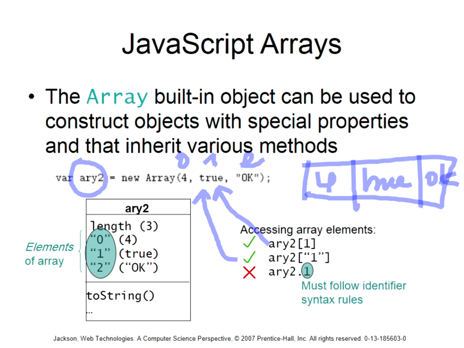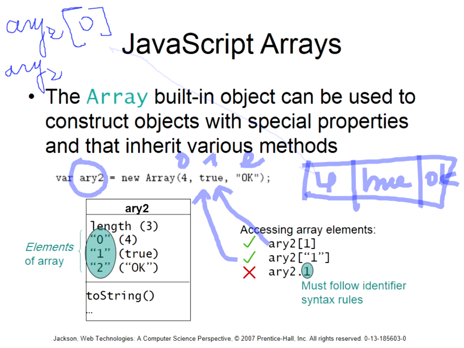If I want to get the first element, I can write array2, the name of the array, and after that the index 0, array2[0].